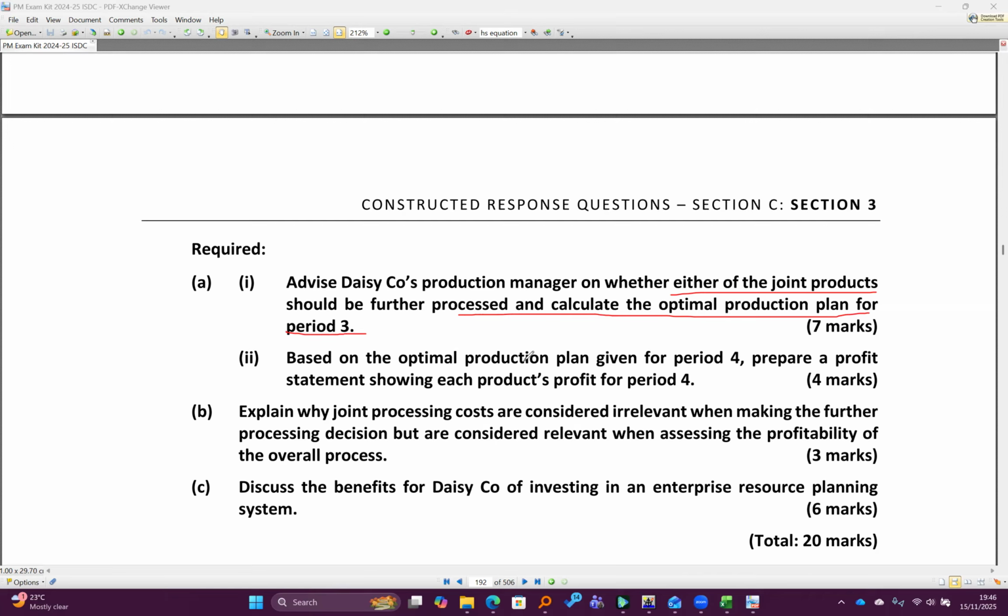And then also based on this production plan, prepare a profit statement showing each product's profit for the period, and then explain why joint processing costs are considered irrelevant when making the further processing decisions, but are considered relevant when assessing the profitability of the overall process. And then, of course, discuss benefits for DAISY investing in an enterprise resource planning system, that is ERP.